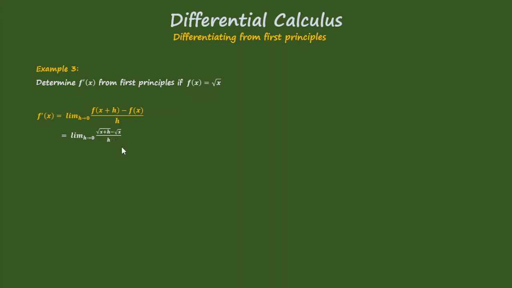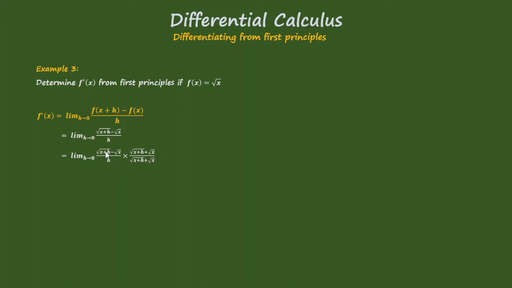Now, the way we approach this problem of finding the derivative of the square root of x from first principles is to rationalize the numerator. We rationalize the numerator by multiplying by 1.